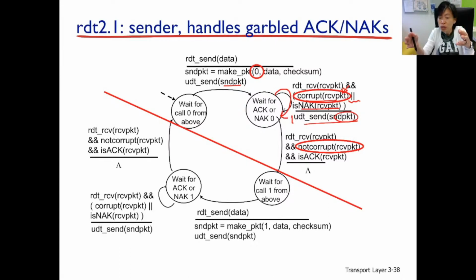So we have two conditions that end up doing the same thing, just retransmit. And that is the sender side of RDT 2.1, and we'll not cover the rest of it because it's pretty much the mirror. The only difference is handling data packet 0 versus data packet 1.